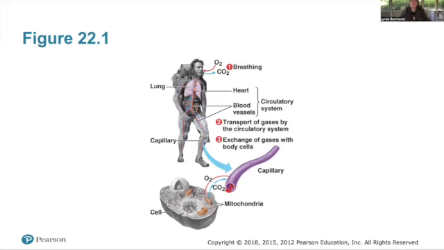So this is showing you simply how it all works. The person breathes in the oxygen, it goes into the lungs. It goes into the blood in the lungs, which then goes to the heart. The heart pumps it out to the rest of the body through all the arteries. And you have these capillaries that just kind of taper off, and that's where it then diffuses into the tissues.